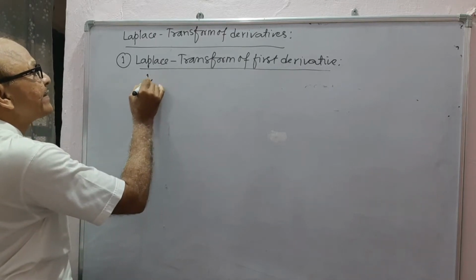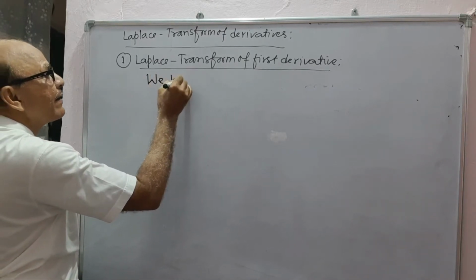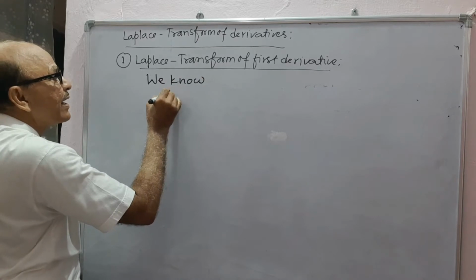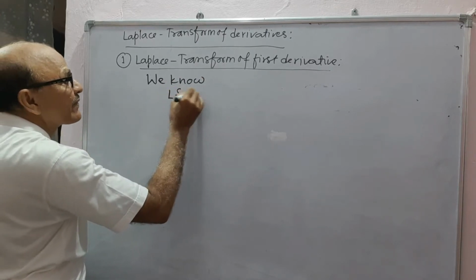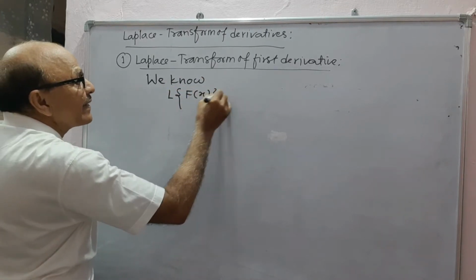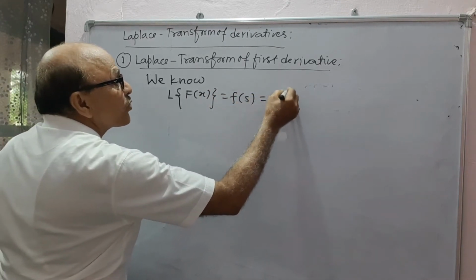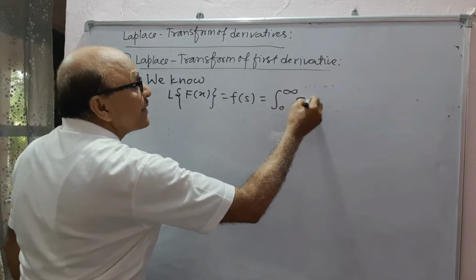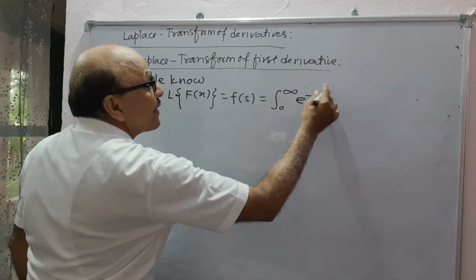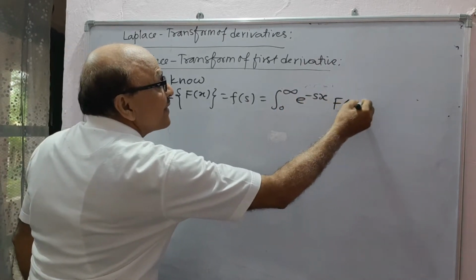We know that Laplace transform of function f(x) is written as F(s), which is equal to integral from 0 to infinity e to power minus sx f(x) dx.